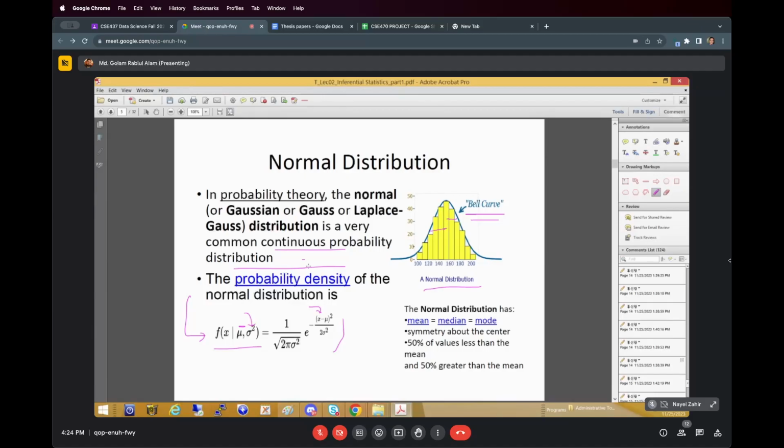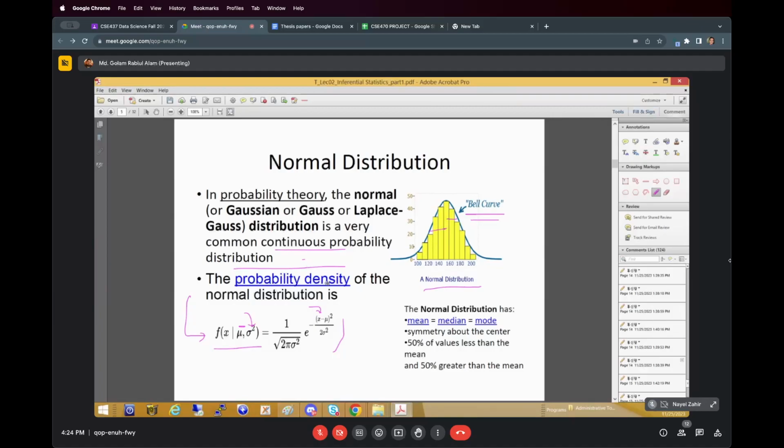We assume that our data follows the normal distribution. Though maybe this is not 100% true, the assumption is this, and this assumption also provides us better insight into the data. So that's why, in most cases, we assume this.